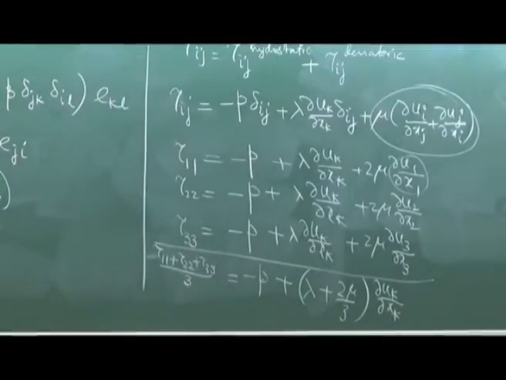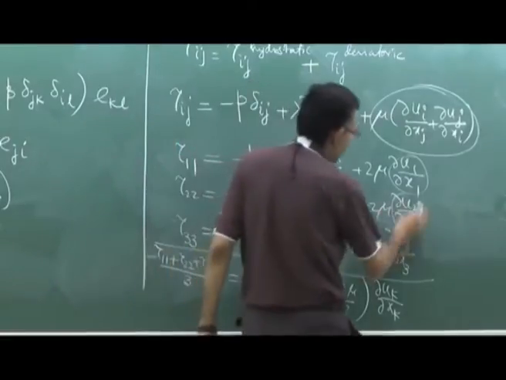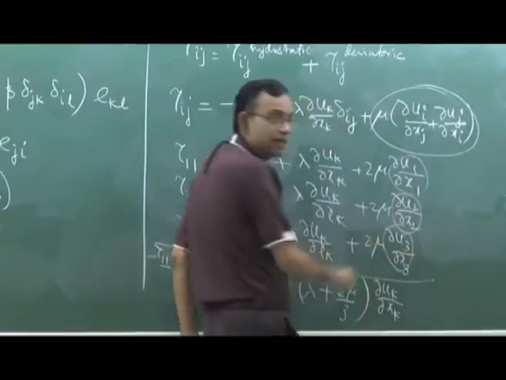Okay. So these three added together will be del u k del x k.